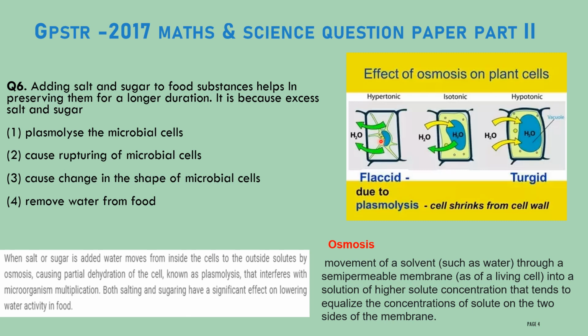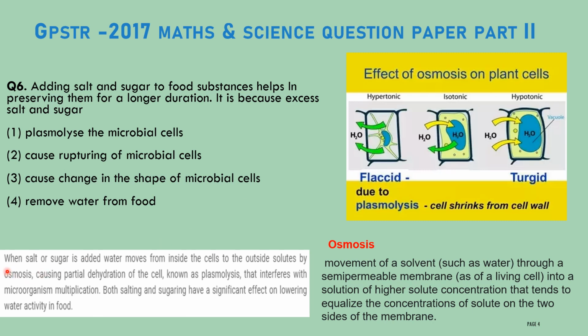Then you can observe the movement of water from the cell to outside. Water from the food will come out. Then you can observe the shrinking of the food cells, and even dehydration. Dehydration is nothing but removal of water from the cell.